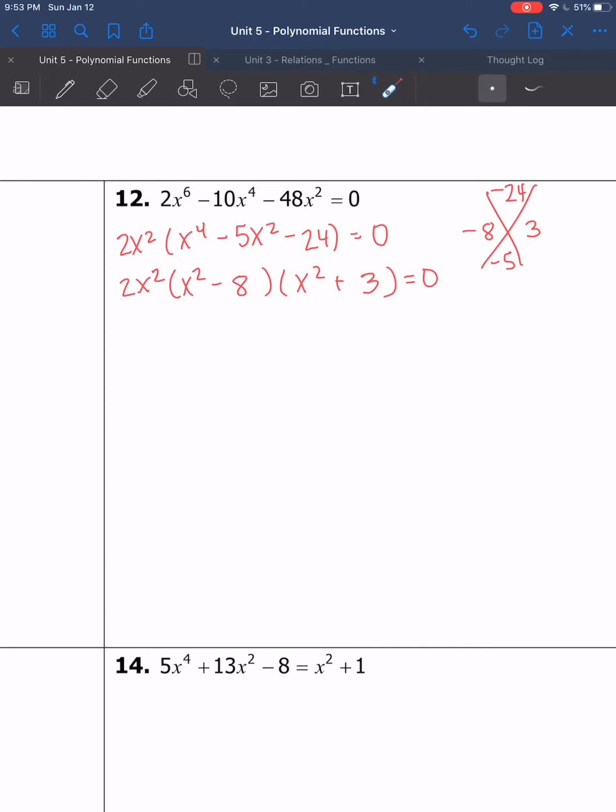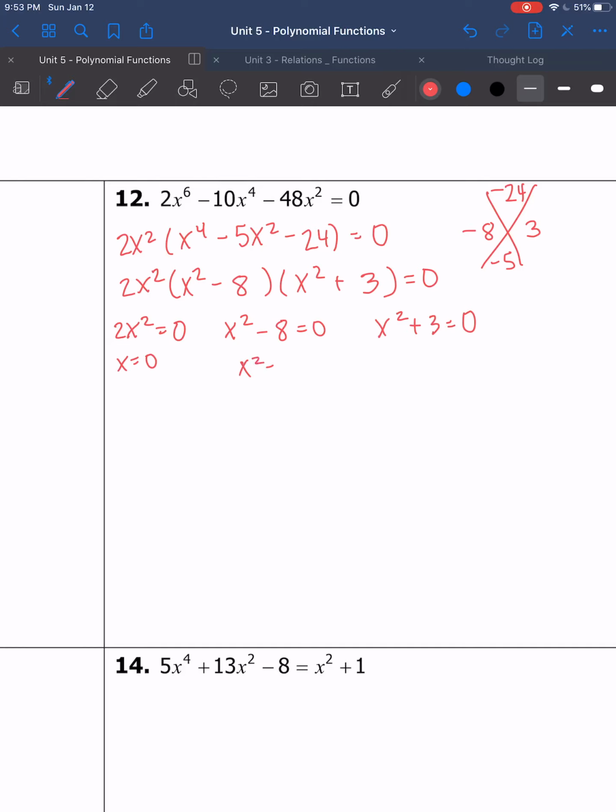Neither of these are perfect squares. 3 is not a perfect square, 8 is not a perfect square, so I don't have to do anything else with the x squared part. If they were perfect squares and it was a minus, you'd have to factor it further. But since it's not, we're good. So I'm just setting them equal to 0. 2x squared equals 0, so x is just 0.